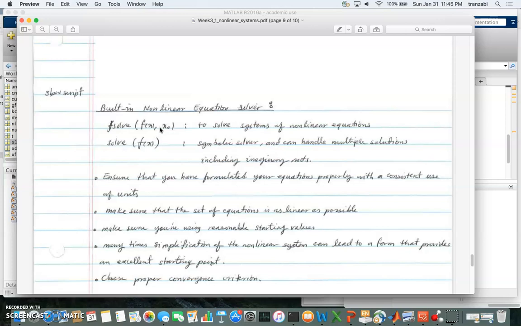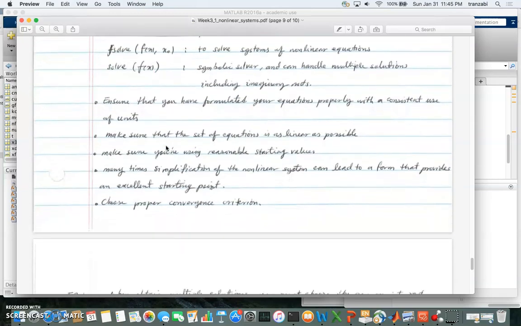Actually, fsolve is just for numerical, to find the root of a function numerically. And solve is to solve the system symbolically. That's why for solve we do not have an initial guess, but for fsolve we do have an initial guess.